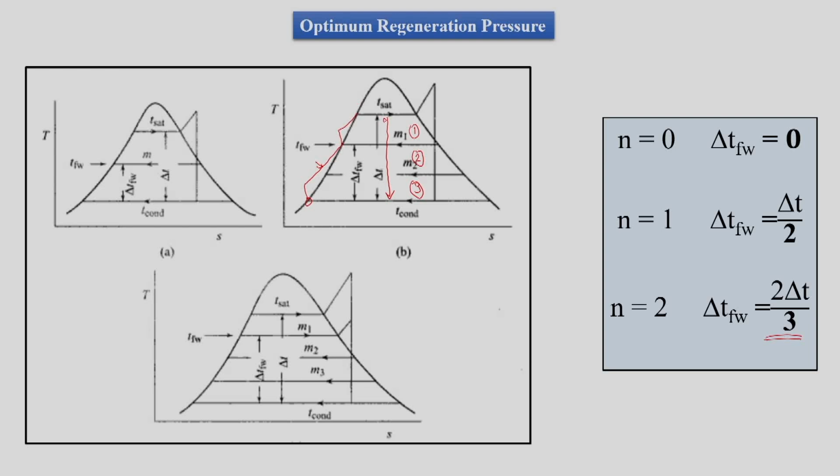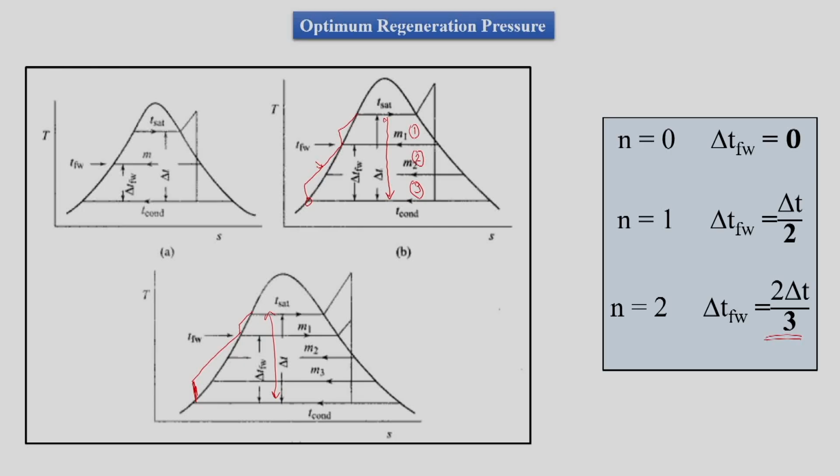Same thing in case of 3 feed water heaters, the whole temperature difference will be divided into 4 parts, and then we will have the feed water heating till the third part of this 4 part case, and then we will have the economizer. So it will be like this.